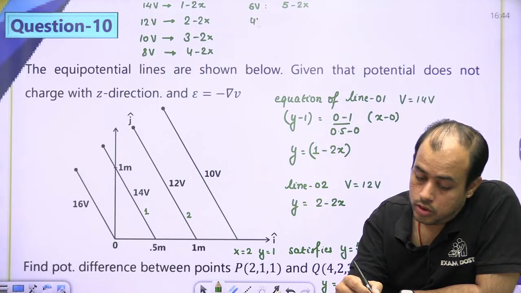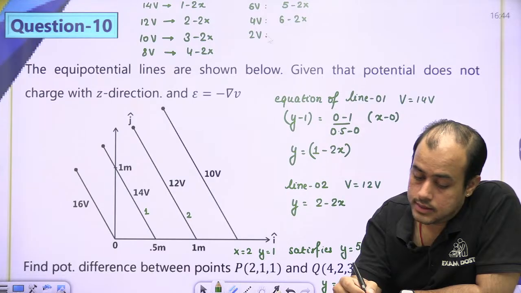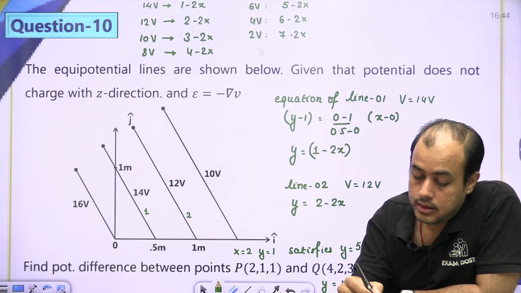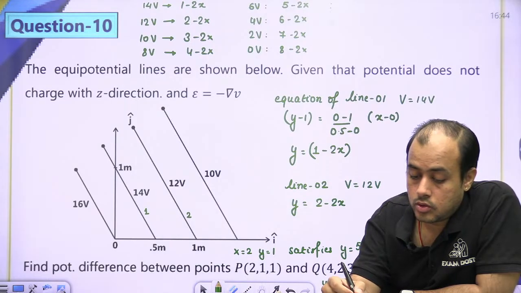So 4 volt minus 2x, 2 volt 7 minus 2x, 0 volt 8 minus 2x, and so on.